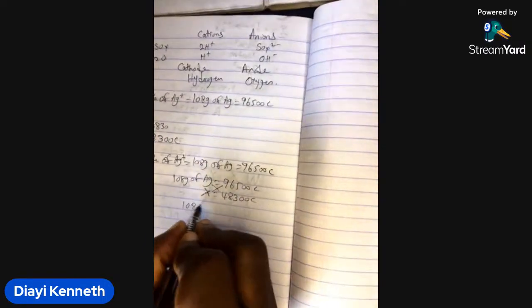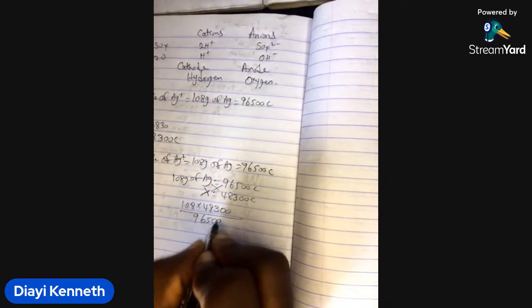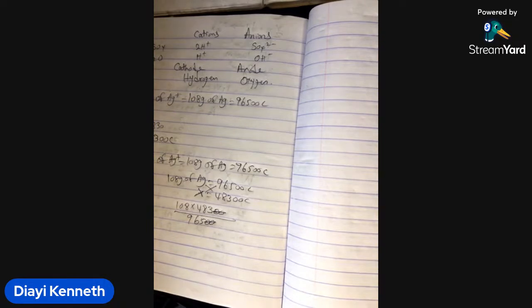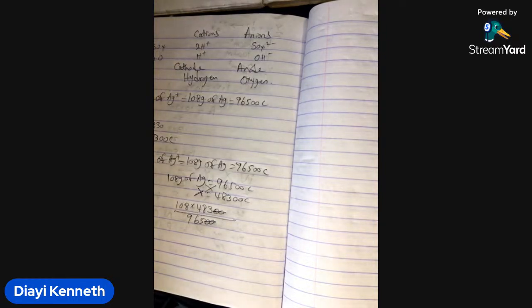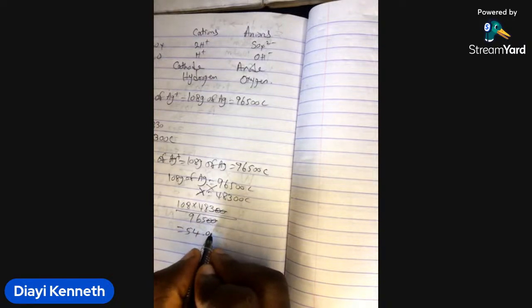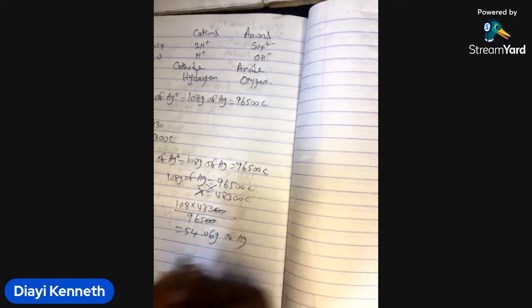This becomes 108 times 48300 divided by 96500. So we have 108 times 483 divided by 965. Our answer here is 54.06 grams of Ag.